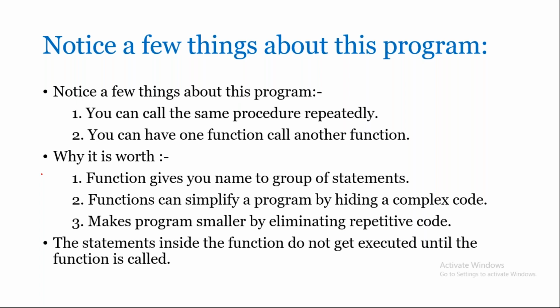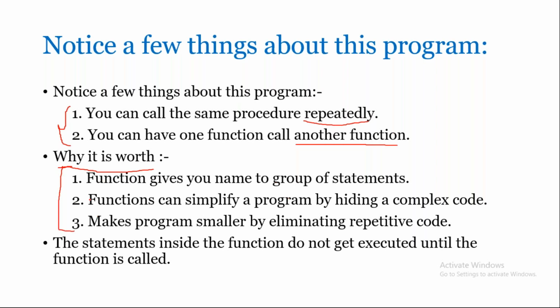And then we'll see why defining a function is going to be very, very important. So these 2 points we have already covered: in a function you can repeat your procedure, and you can call one function inside another function. That point is very clear. Now what is the worth of a function? If we understand this, you will understand the usability of the function also.